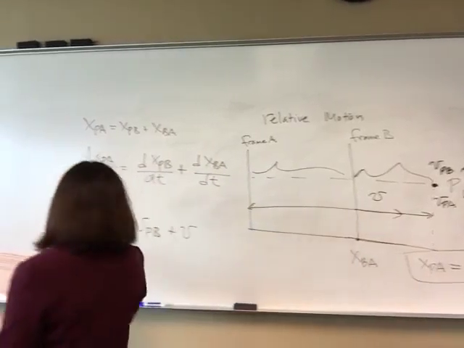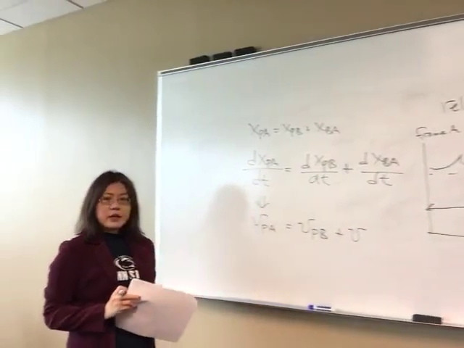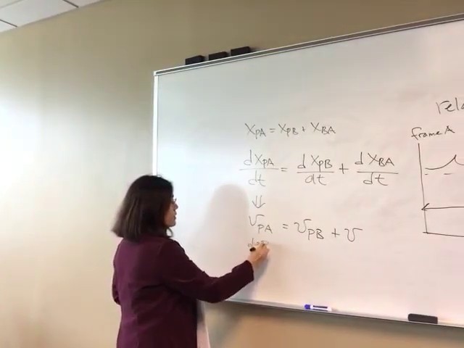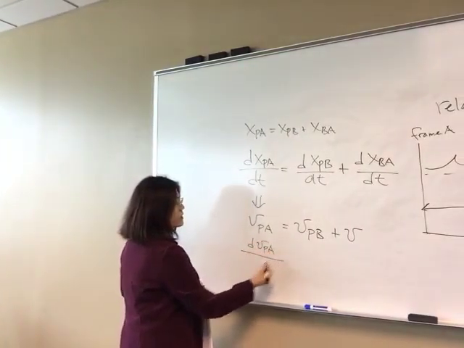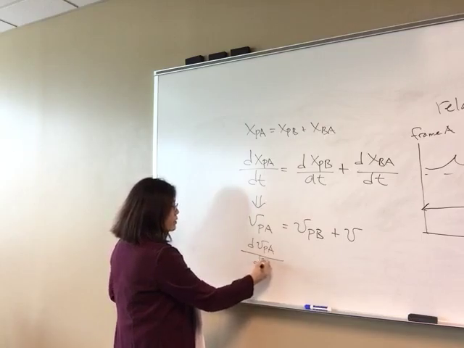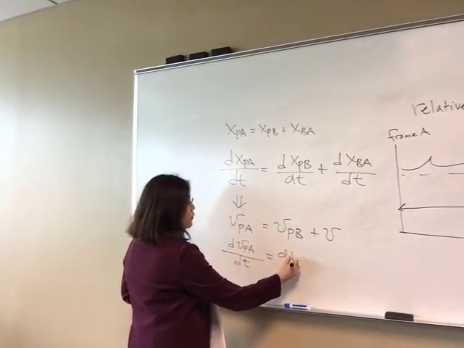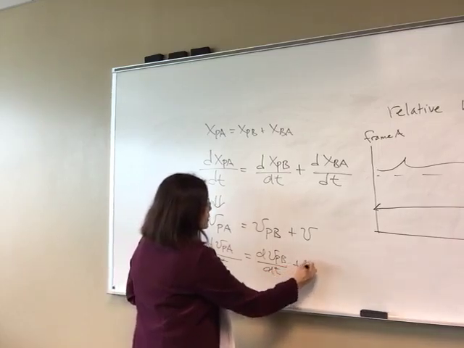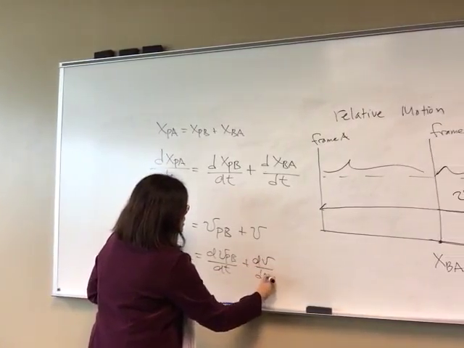Okay. Now, what about acceleration? Acceleration would just be another time derivative of this one. So whatever velocity is measured in frame A, we take the time derivative of that, and we do the same thing for the velocity measured in frame B, and then plus dv/dt.